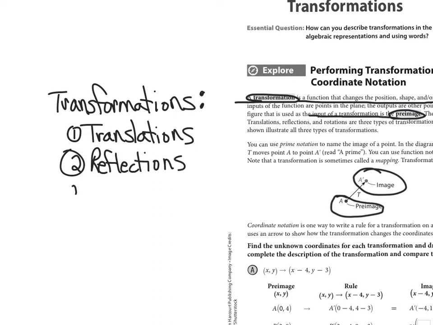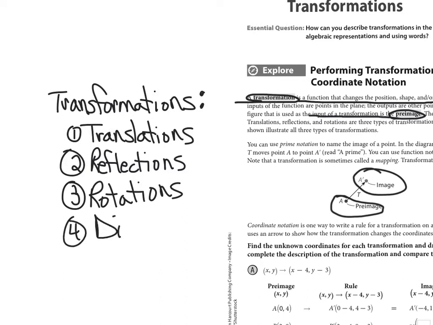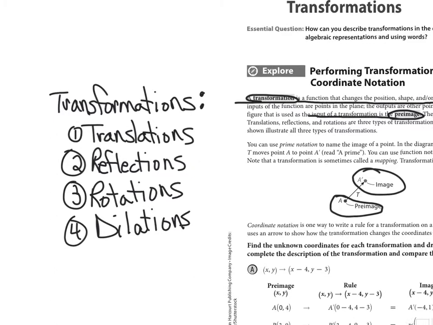We have rotations, which is the other one in Module 2. And the fourth one is a dilation. Now, we won't talk about dilations in Module 2 at all. This is just introducing them, and then we will talk about them later on, maybe about a month from now.